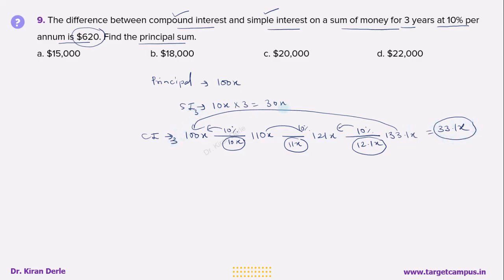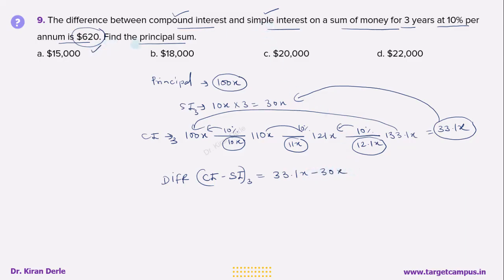This is the simple interest for 3 years. And what is the difference, with our assumption of principal as 100x? The difference CI minus SI for 3 years is 33.1x minus 30x, and as per the question, that difference is equivalent to 620.